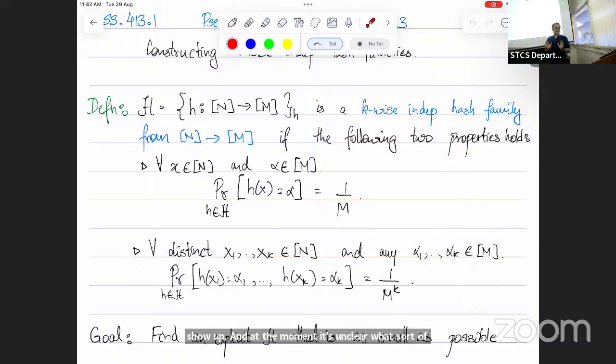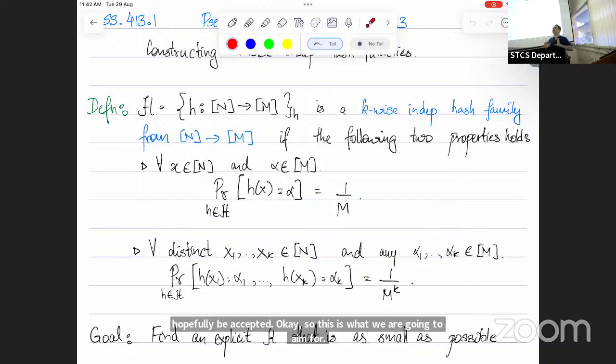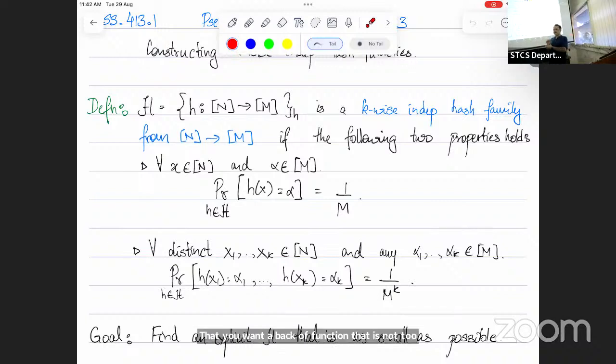You should mentally tell yourself that as long as it's something like m to the k, which seems to be somehow the necessary requirement for this, something like this should hopefully be accepted. Okay, so this is what we are going to aim for: a bag of functions that is not too large, that satisfies these properties. I hope the definition of what we are trying to build is clear.